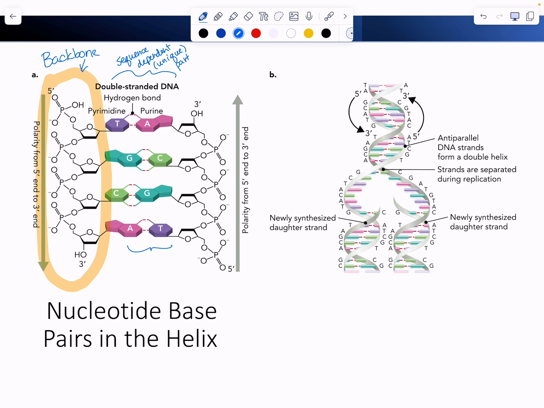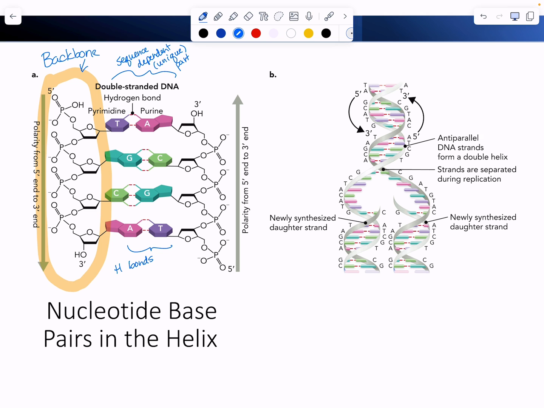You get the specificity of the base pairing because the geometry of a guanine and a cytosine holds those functional groups in such a way that they can hydrogen bond, whereas in your normal DNA polymer, an adenine or a thymine is not going to be held in that way where it can hydrogen bond to the guanine. So you get specificity because of geometry.